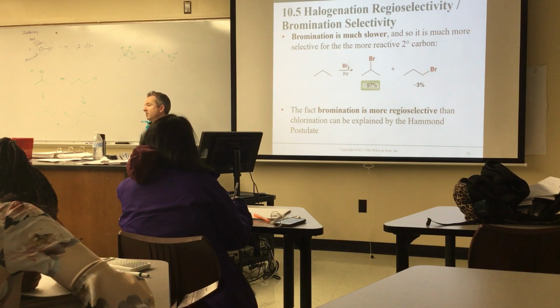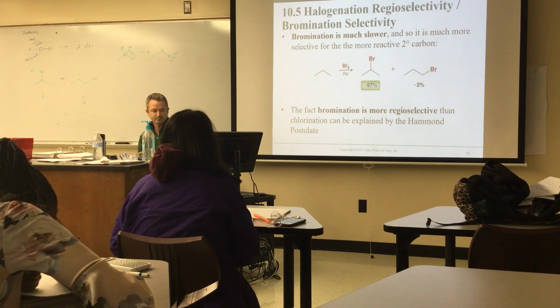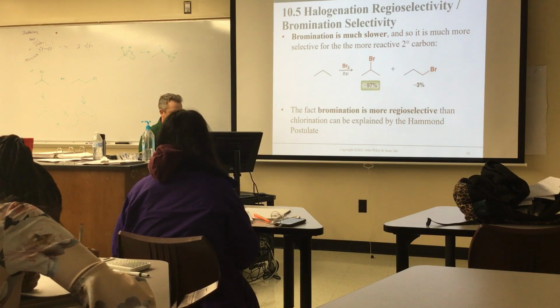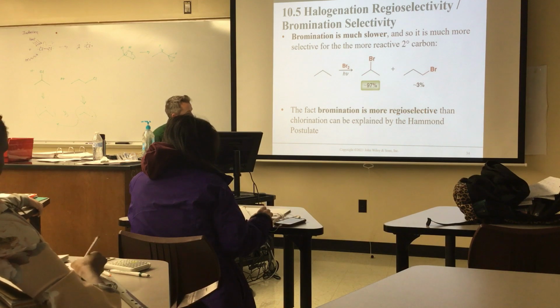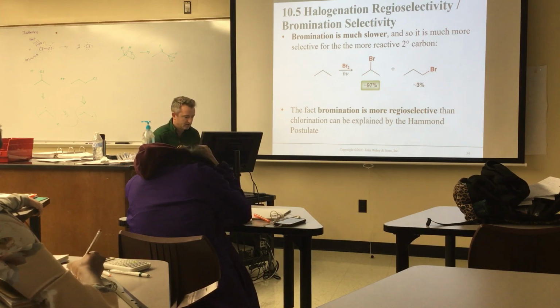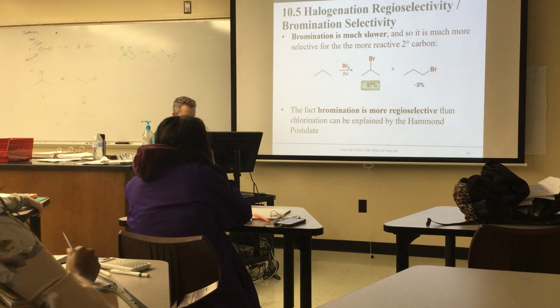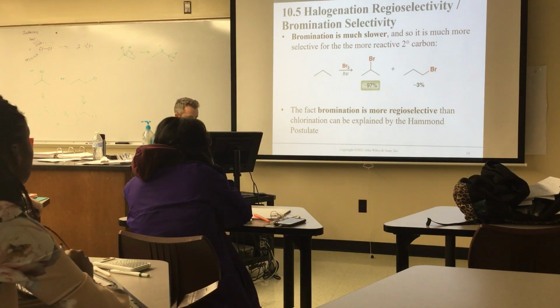Which region of the molecule is more selective for the substitution to take place. And this is all based on the Hammond postulate that we just looked at earlier. Okay.